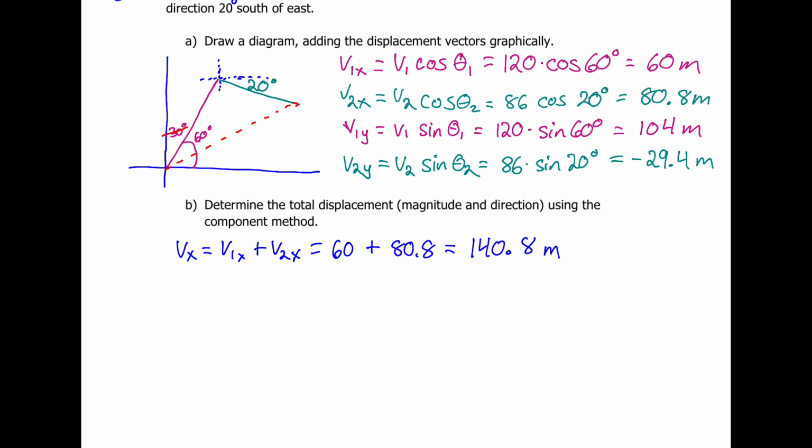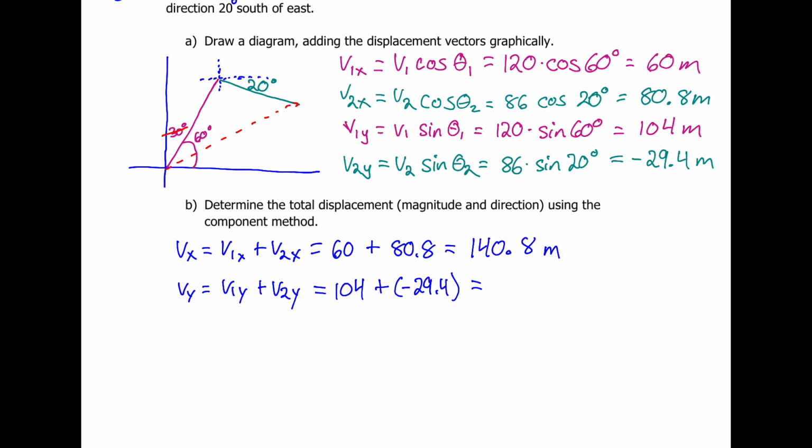The next number is my y number. Vy is equal to V1y plus V2y, and so that's 104. In this case, I'll do it this way, plus negative 29.4. So I wrote it this way because we're always adding vectors.